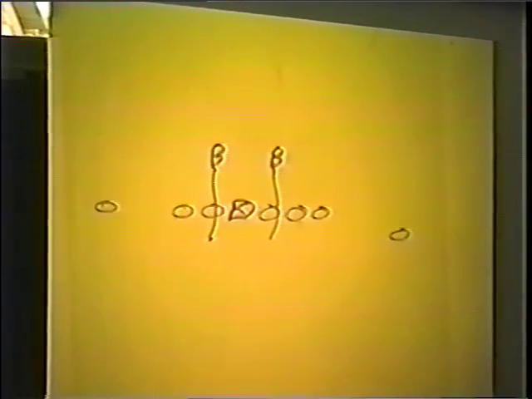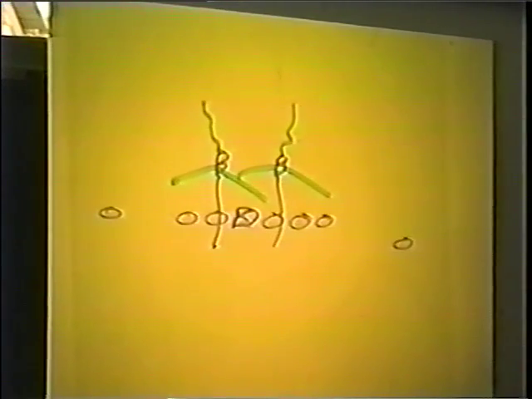But the two other things that can tell you whether it's man or zone are, in zone, they're dropping to areas. In man, they're flashing in front of your eyes. Okay? Does that make sense? In zone, they're dropping to areas.